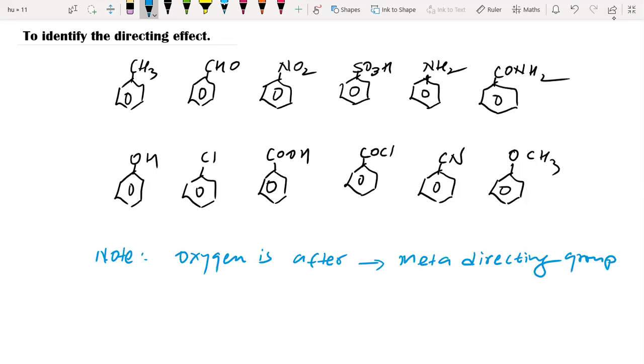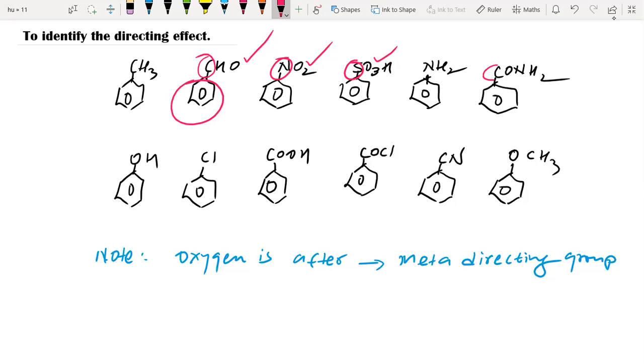Say for example, in these, where is oxygen after? As you see here, oxygen is after, here also after, here after. In the sense, what? Means this benzene is bonded to carbon, here nitrogen, here sulfur, not directly with oxygen.